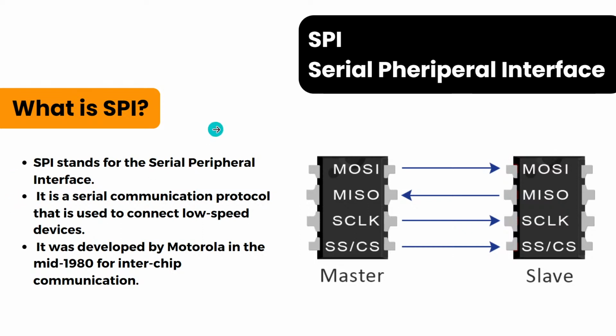SPI is a common communication protocol which is used by many different devices. For example, SD card reader modules, RFID card reader modules, or 2.4 GHz wireless transmitters or receivers. These all use SPI to communicate with microcontrollers.